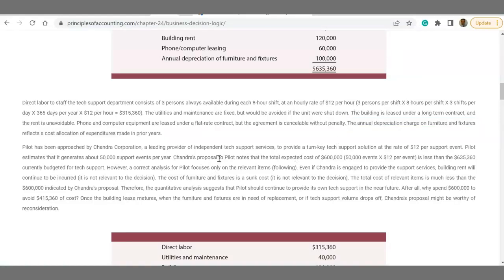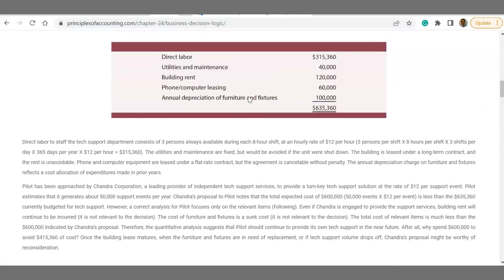Let's see what the book says anyway. So let's keep going. However, a correct analysis for Pilot focuses only on the relevant items. Even if Chandra is engaged to provide the support service, building rent will continue to be incurred. And the building rent is that one, $120,000.